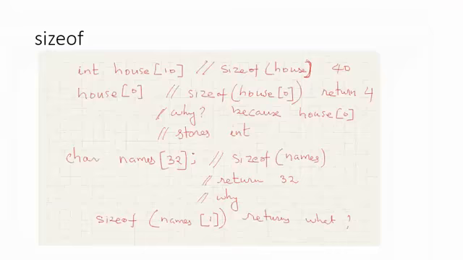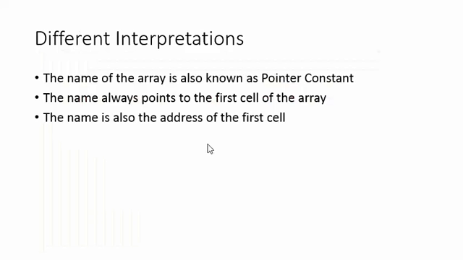What else we got? So, a different interpretation. The name of the array is also known as the pointer constant. We saw that. The name always points to the first cell of the array. Just the name, right?